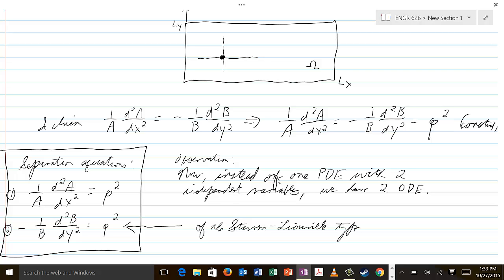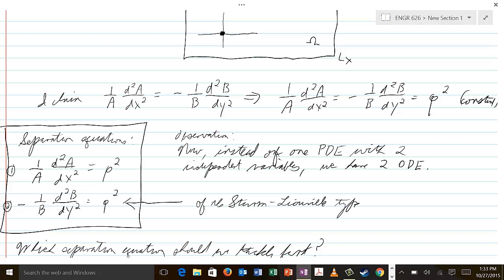So if we now break this equation here, 1 over a d squared a dx squared is equal to minus 1 over b d squared b dy squared is equal to p squared. That can be broken up into what are the so-called separation equations. 1 over a d squared a dx squared is equal to p squared, minus 1 over b d squared b dy squared is equal to p squared.